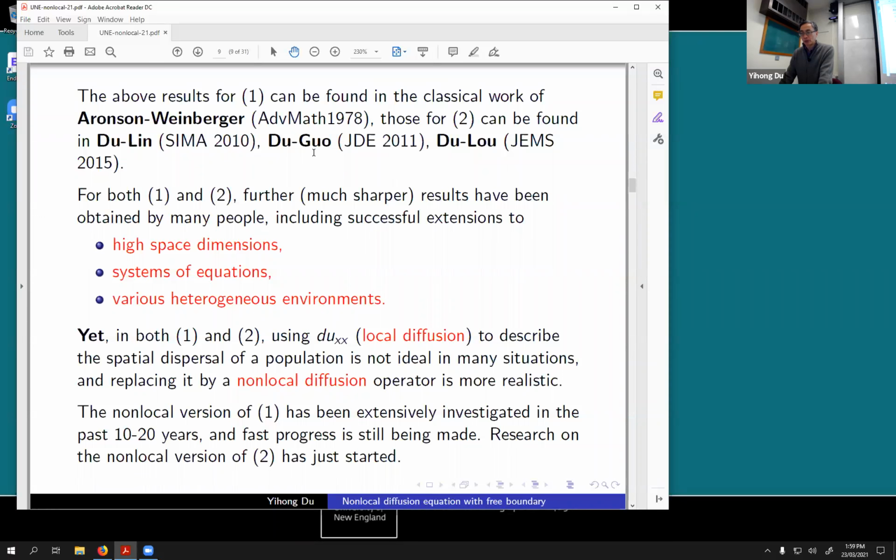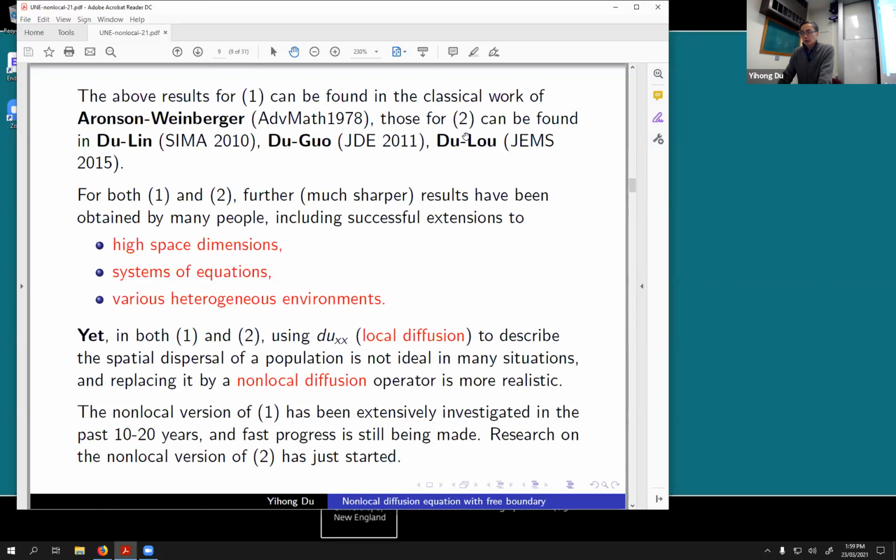Zhongming Guo is from Henan Normal University, and Bendong Lou is from Shanghai Normal University. They all visited here a few times, and Guo visited here many times. He first came here as a postdoc for Norman Dancer, when I was also a postdoc, in 1991, I think.